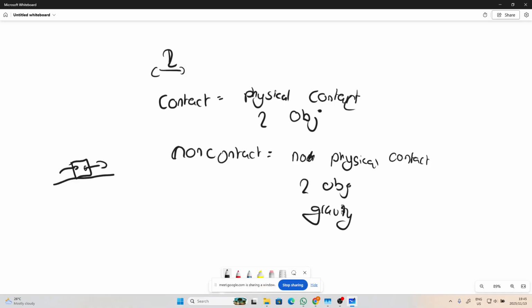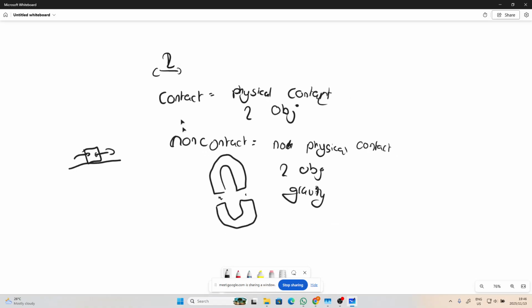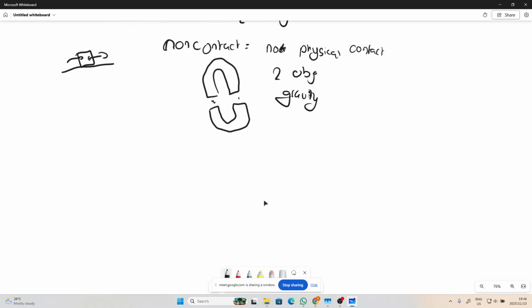I can be inside the atmosphere and it will pull me down. That's considered non-contact. Think magnets. Magnets work without contact. They create attraction forces without contact. These two are not contacting, but they still pull each other.